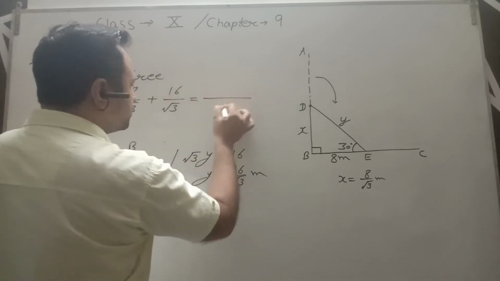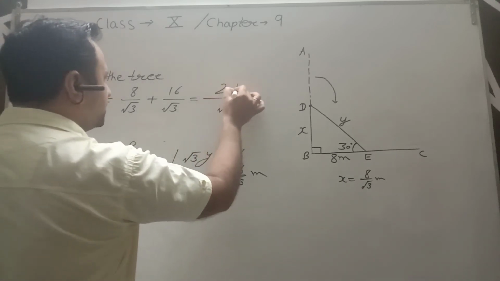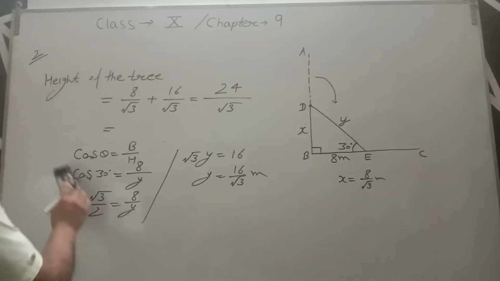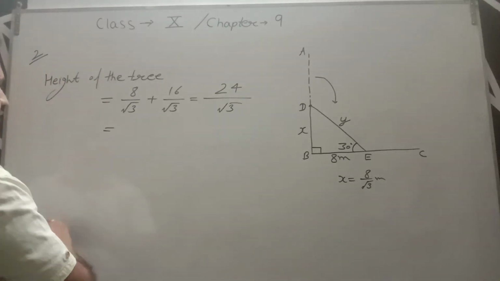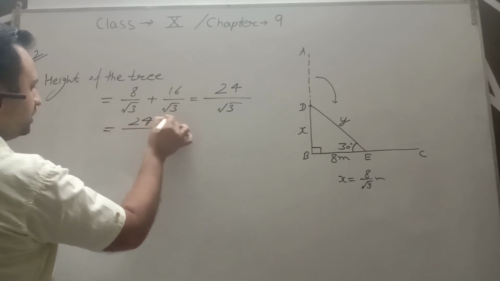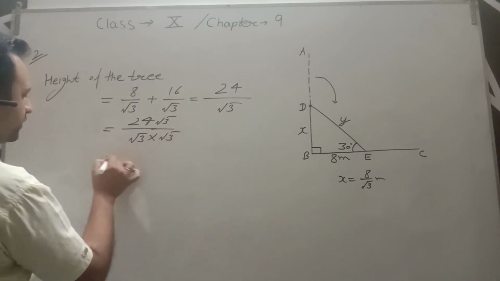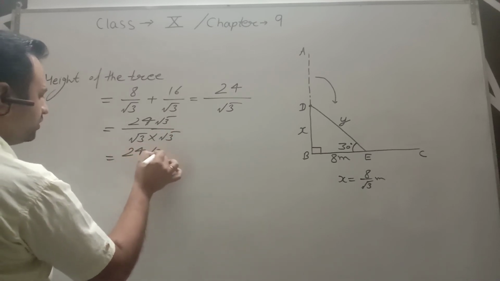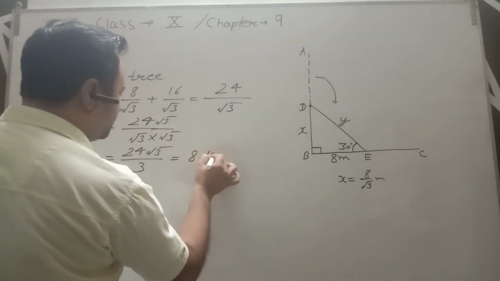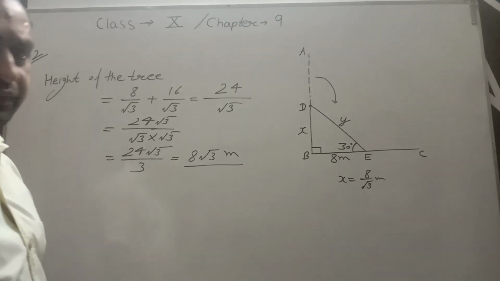We take under root 3 as the LCM, and 8 plus 16 is 24. Now rationalize the denominator, multiply by root 3 in numerator and denominator both. So it is 24 under root 3 upon 3. So the answer is 8 under root 3 meter. So it is the height of the tree.